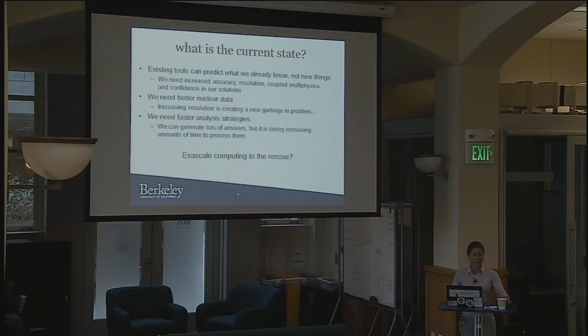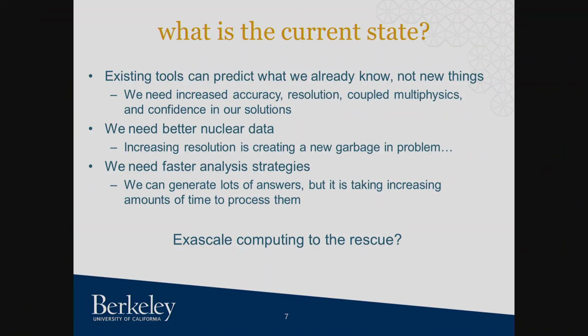And so where are we right now, or at least in very recent history? Right now, existing tools can basically predict what we already know, but not really new things. We have a lot of codes that have been tuned with 40 years of operating experience of stuff we already have.